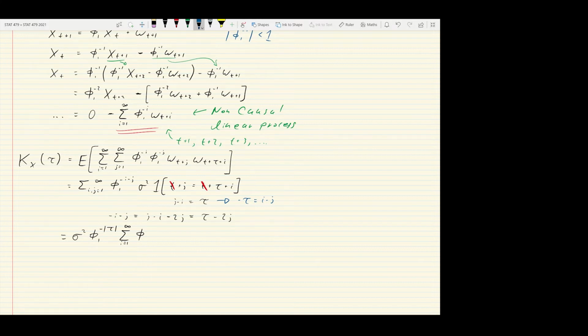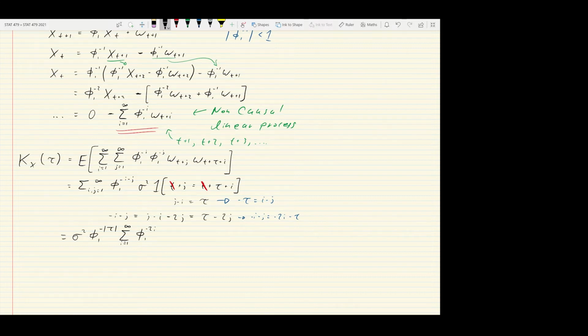And then what I need to do is write this thing, or sorry, write, and then redo this second line and write minus i minus j as minus 2i, I guess in this case minus tau, or something like that. Yeah. Minus 2i up in the exponent there.